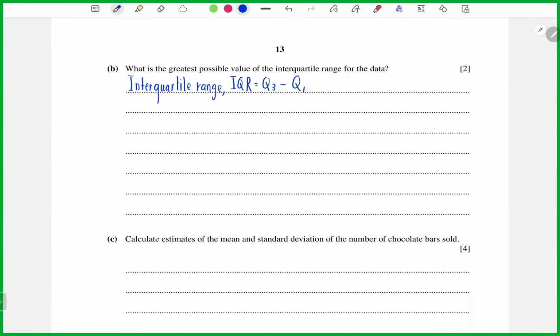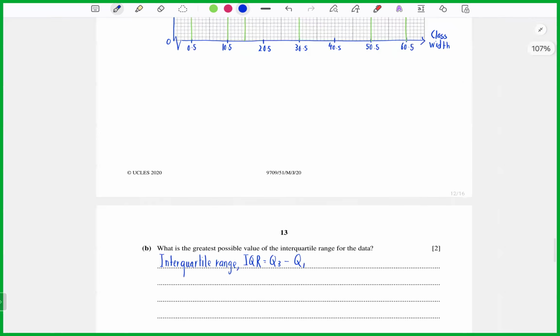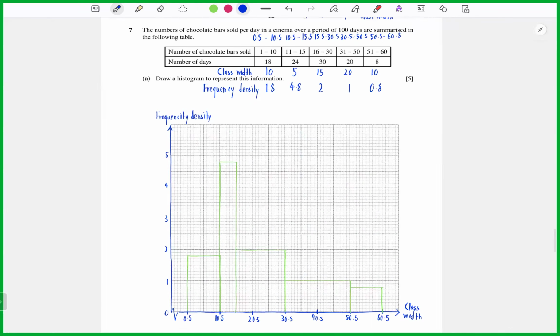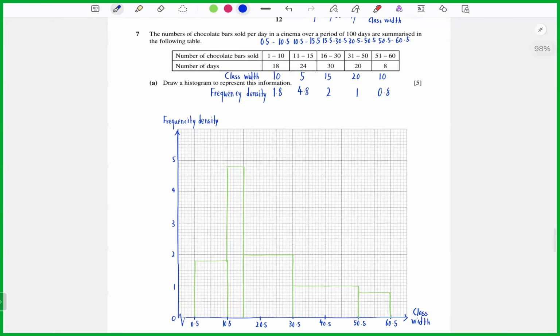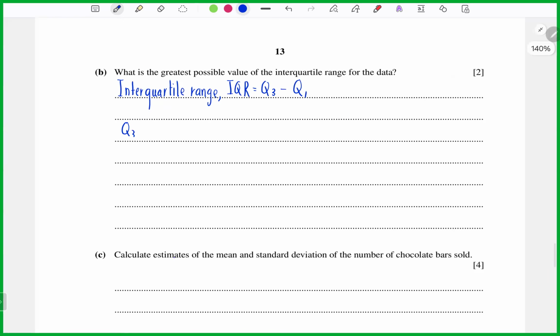So now we need to find Q3 and Q1 first. You have 100 data, right? So Q3 equals 3 over 4 multiply 100 equals 75. Q1 equals 1 over 4 multiply 100 equals 25.